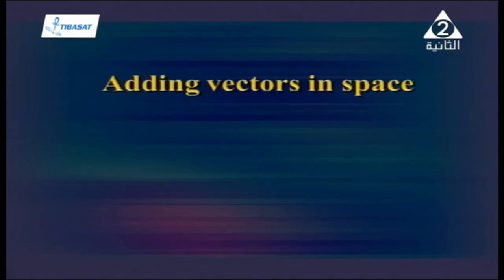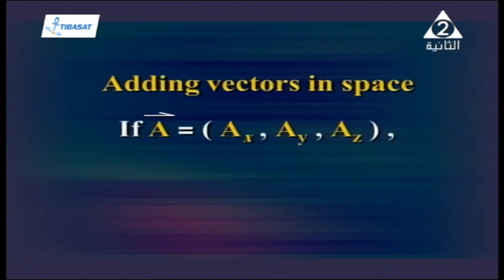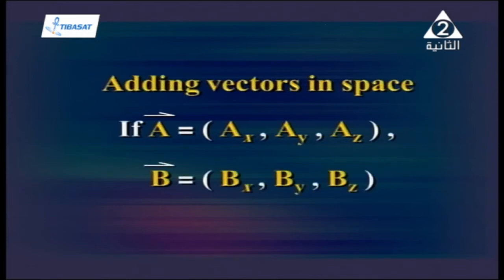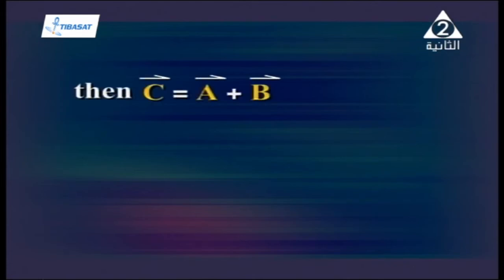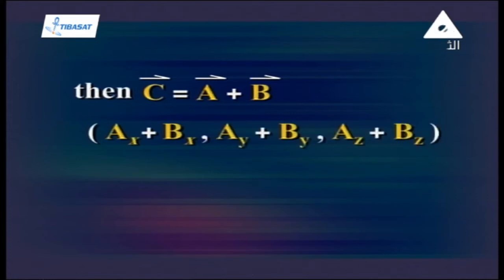Adding vectors in space. When we have two vectors in space, A with components Ax, Ay, Az, and another vector B with components Bx, By, Bz, then we deduce that vector C, the sum of the two vectors A plus B, has components Ax plus Bx, Ay plus By, Az plus Bz.